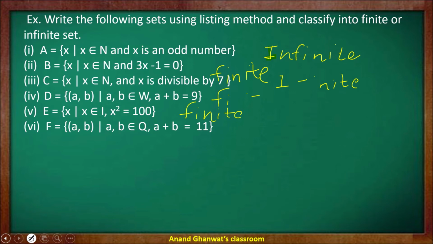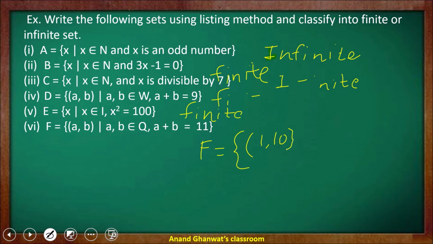F is equal to, now find the pairs whose addition is 11. Now 1 comma 10, 0 comma 11. Now starting from 1 comma 10, we can make a lot of pairs.